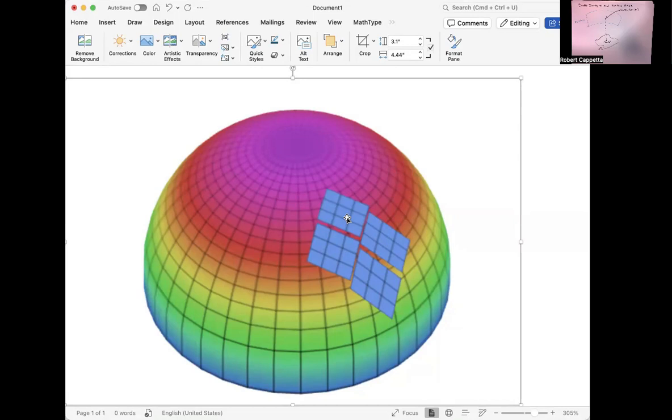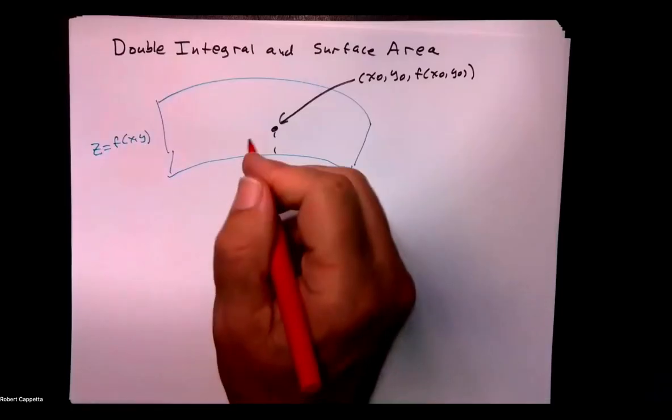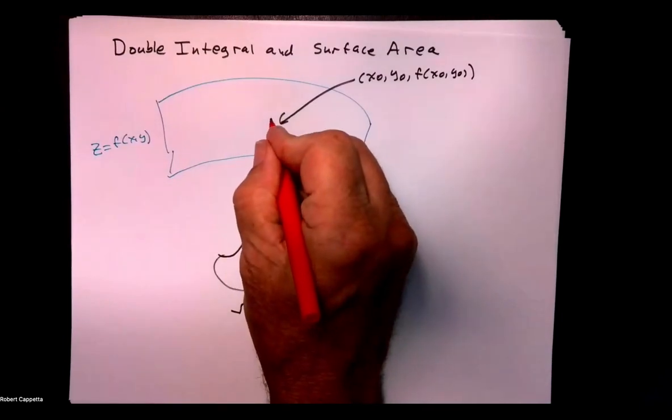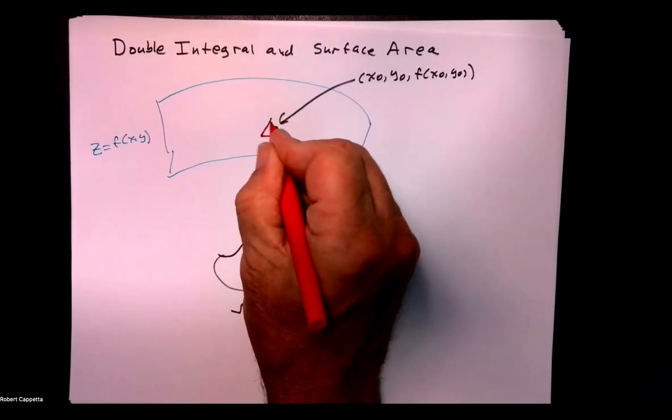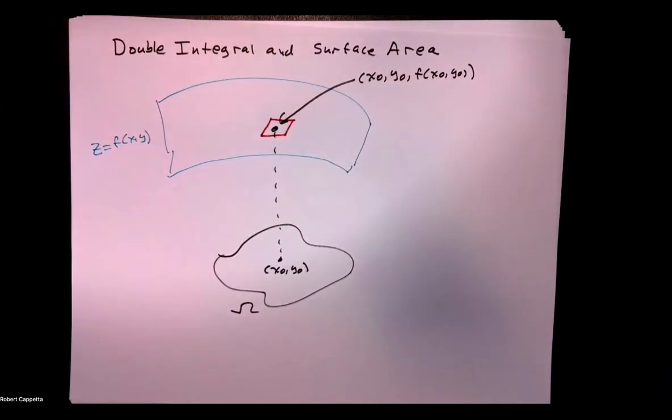That's what I believe is happening here. So I want to construct a tangent plane at the point that I have, a relatively small one. So let's go ahead and do that. At this point, we're going to construct a tangent plane. And I would like to find eventually the area of that tangent plane.